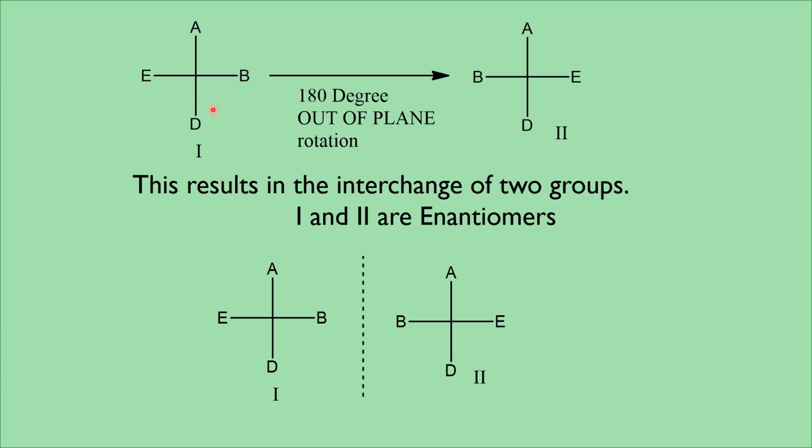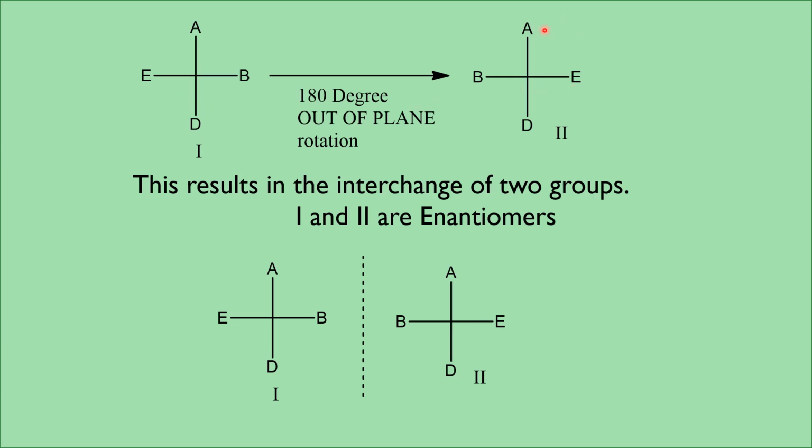And then E comes gradually to the right and B goes to the left. So this is called out of plane rotation. During this out of plane rotation, the groups A and D remain on the plane, their positions are not disturbed. E and B alone undergo a rotation perpendicular to the screen.